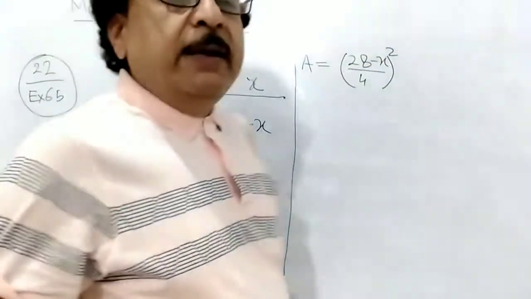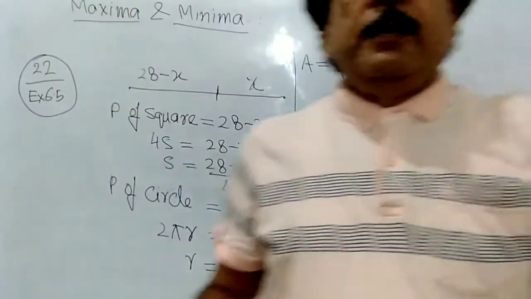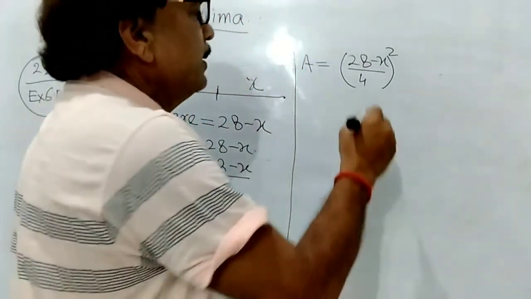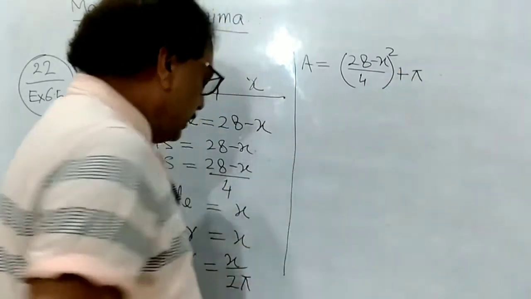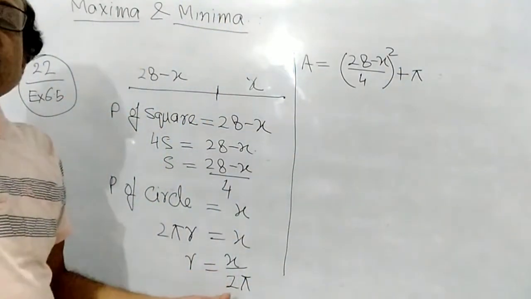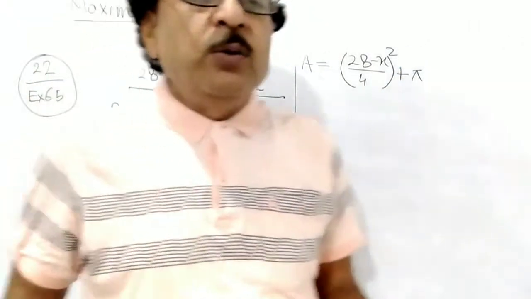This is the area of the square, plus the area of the circle, pi r square. R square is x upon 2 pi whole square.